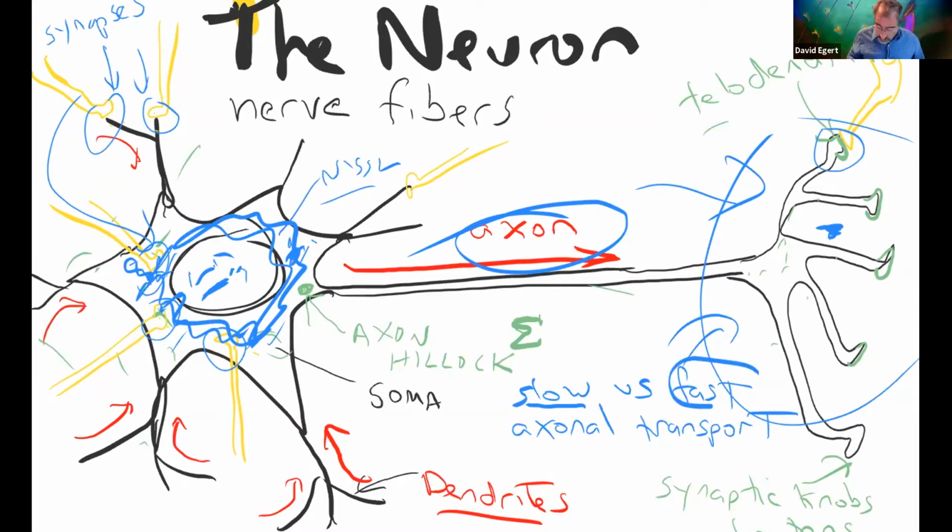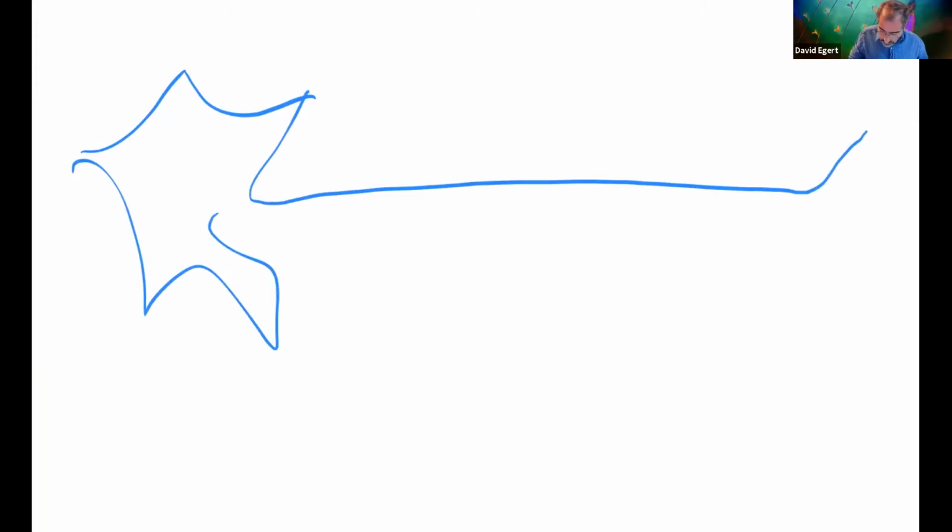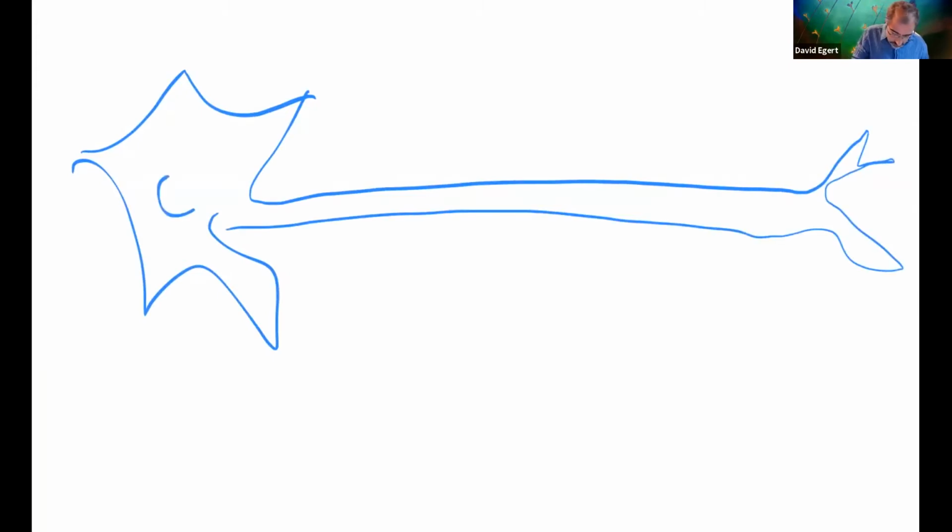So fast axonal transport is a system, it's a lot like a railway. So for fast axonal transport, you literally have microtubules running along the length.